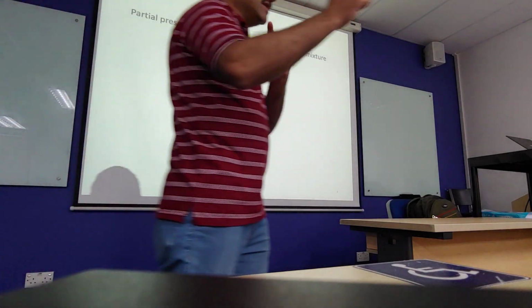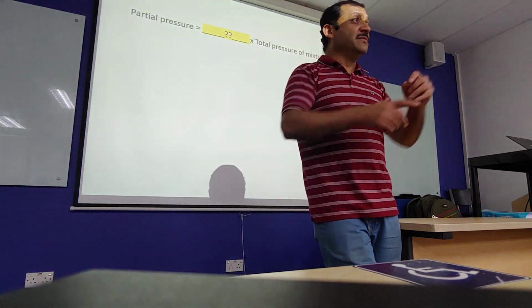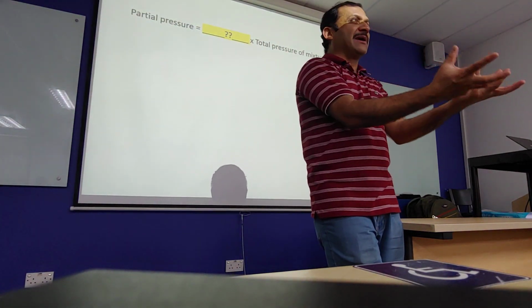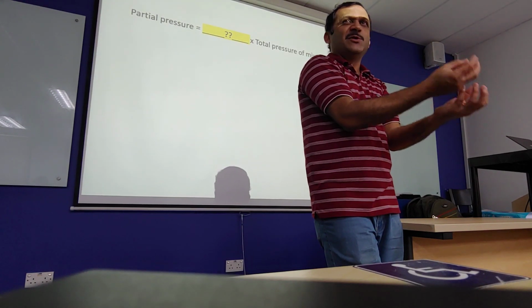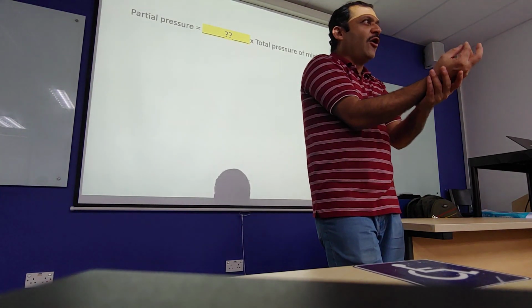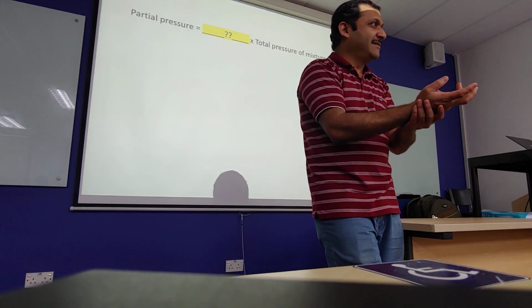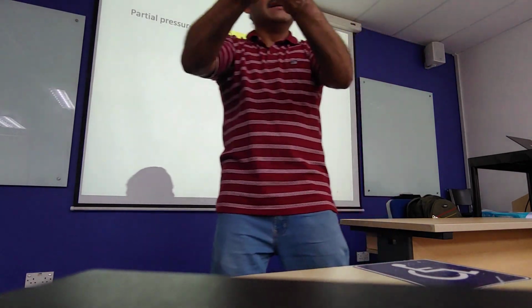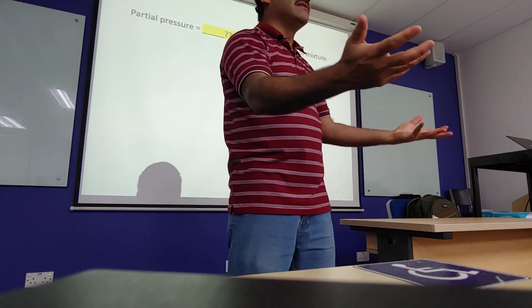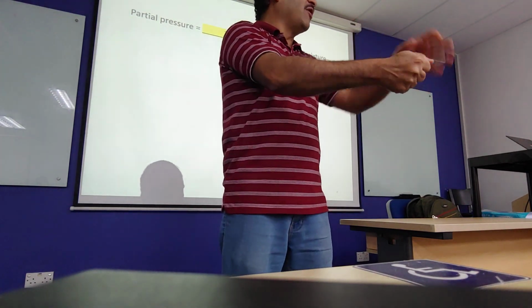No, fraction. Not just density, because density will be density of everything together. So it has to be unique density. Or instead of density we call it mole fraction. How many number of a certain particles are present in the total? How many number of moles are present of a certain gas?